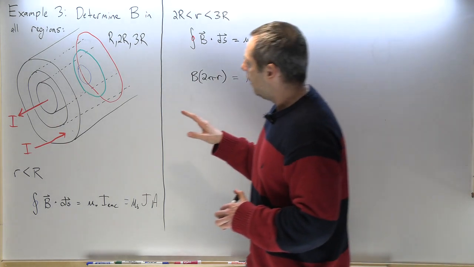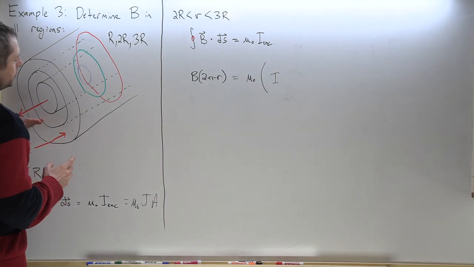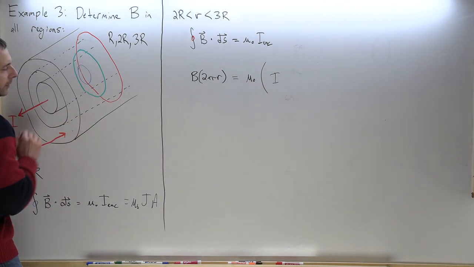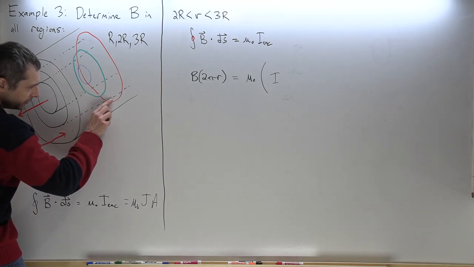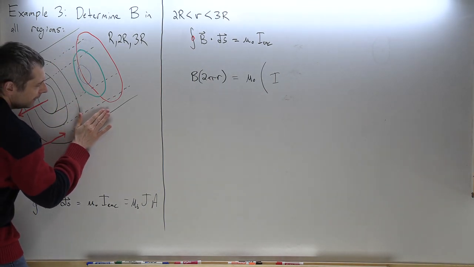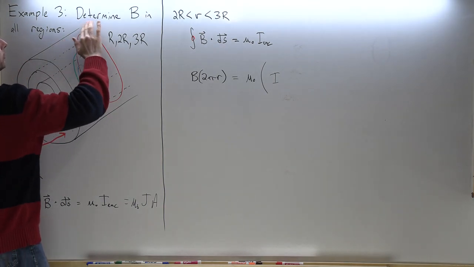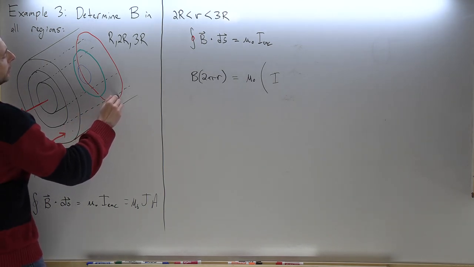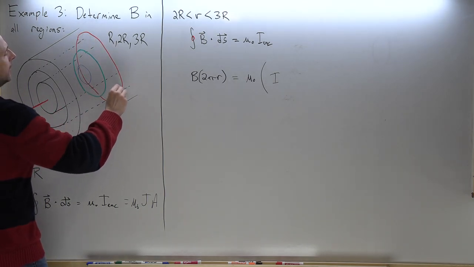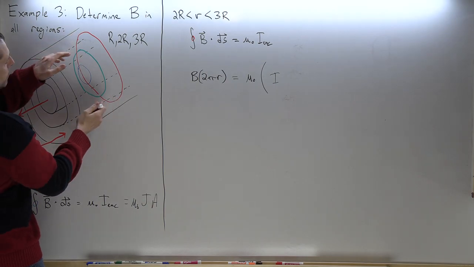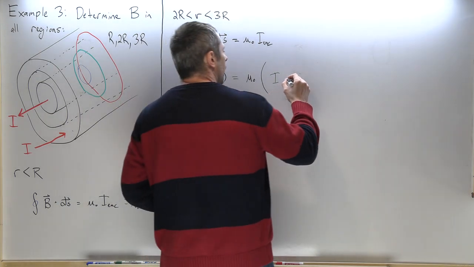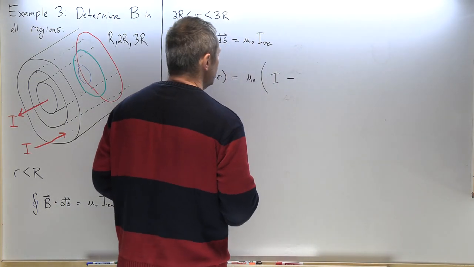But when you look at the outer conductor, you should be able to see that the current going the other way, not all of it goes into our Amperian loop. Only some of it right here and here. And some of it passes outside of the loop, so it doesn't enter into our Amperian calculation. So we need to find the amount of current that passes through this loop that comes from this outer I. And it goes the opposite way, so I'll put a minus sign for that current.